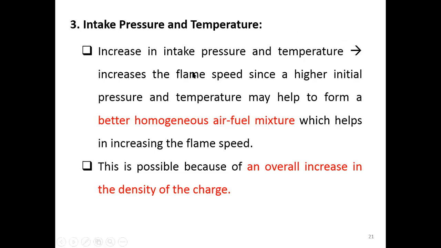Because you have a higher initial pressure and temperature, this will help to form a better homogeneous air fuel mixture. So the air and fuel can mix with each other better because of higher intake pressure and higher intake temperature. And when you have a better homogeneous air fuel mixture, the flame speed can be increased.